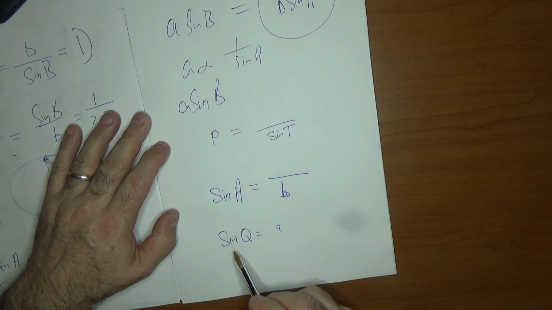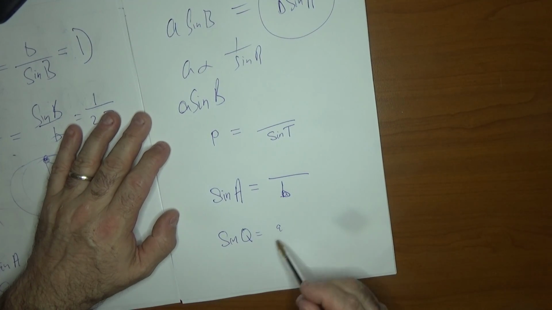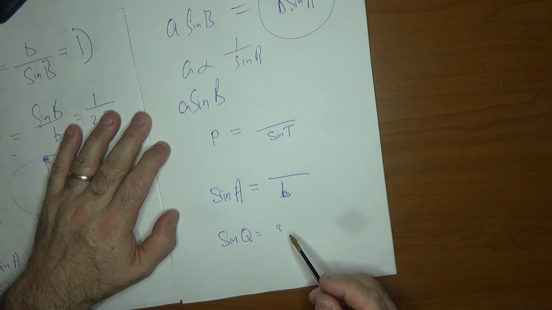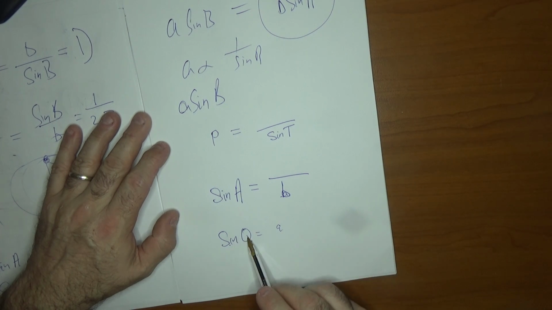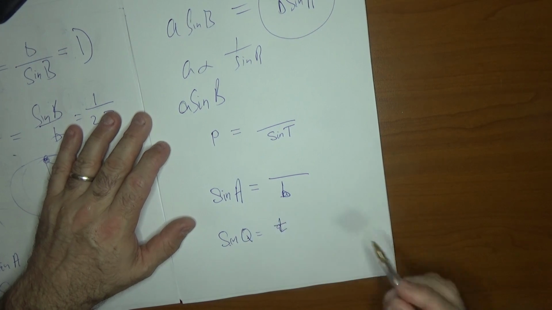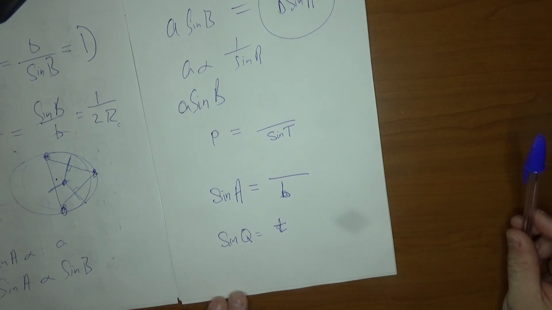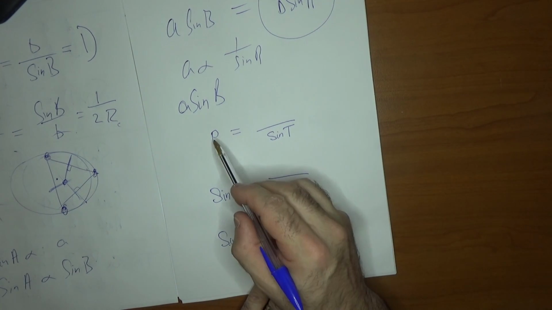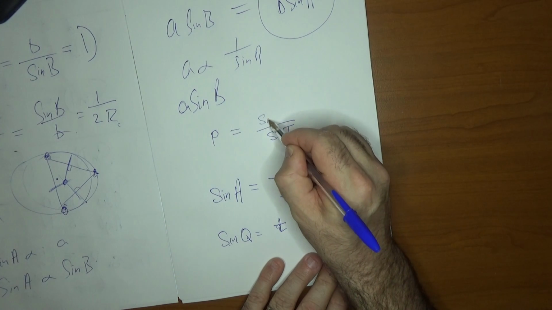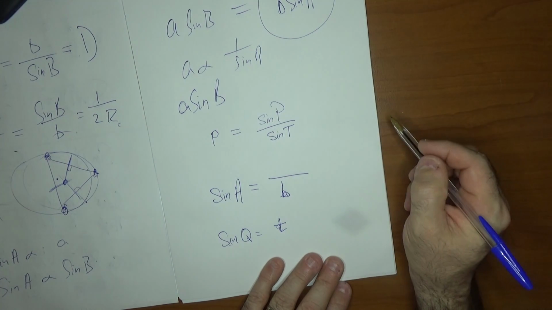Let me go back to not giving you something completely stupid. So if I told you the sine of Q is equal to T, you'd be able to fill in the rest. So I'm going to ask you to pause and fill in these three. Okay, you're back with me. So when I see a P here, I know I need a sine of big P here.